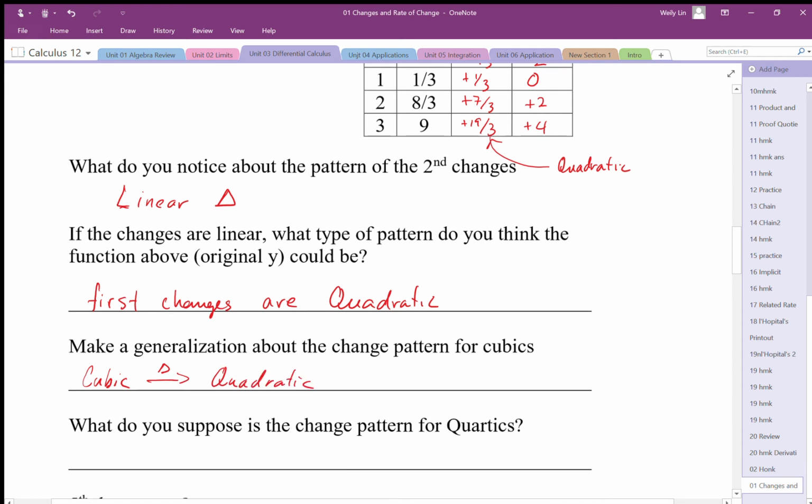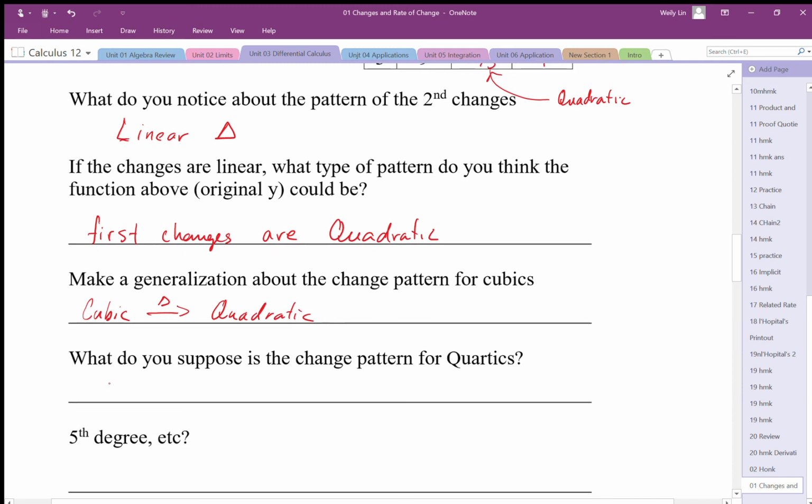And the change for quadratics then, we go from quadratic to, oh, this is quartic, sorry. So if the first change is quadratic for cubics, and the first change of quadratic is linear, there is a pattern that's establishing here.